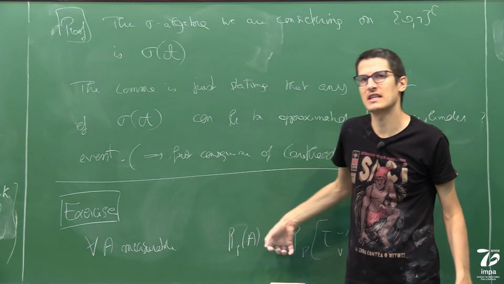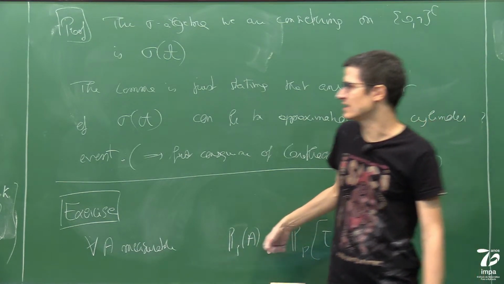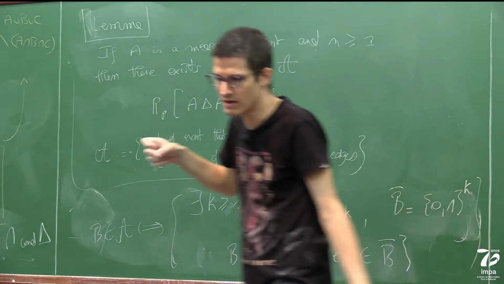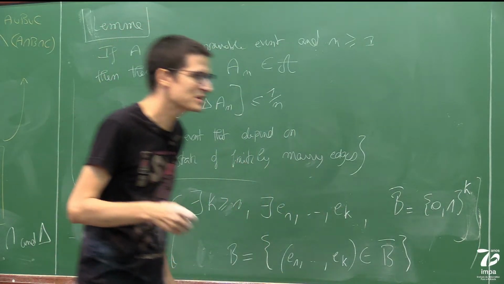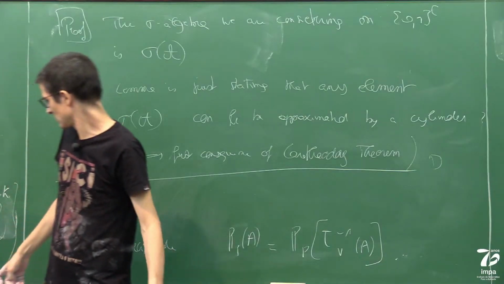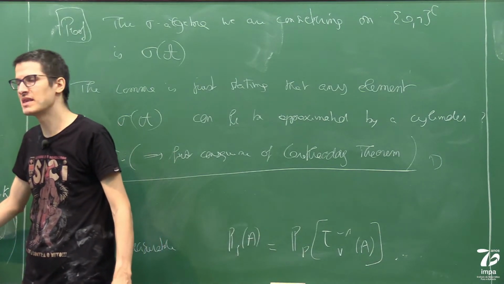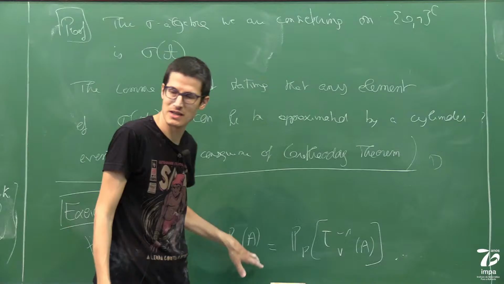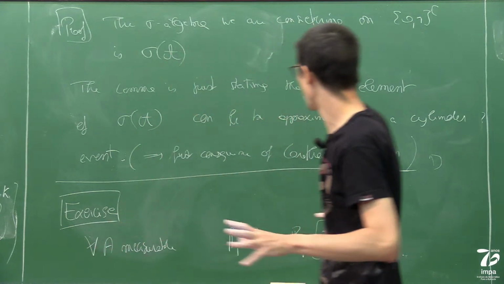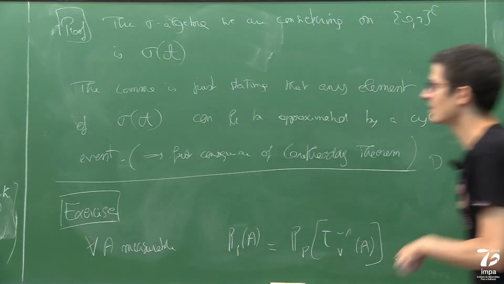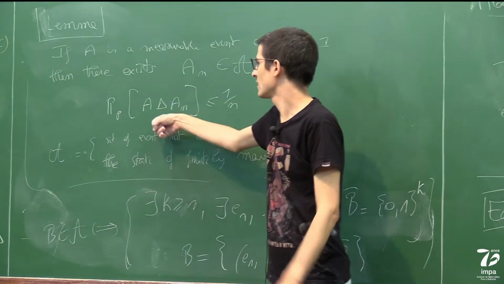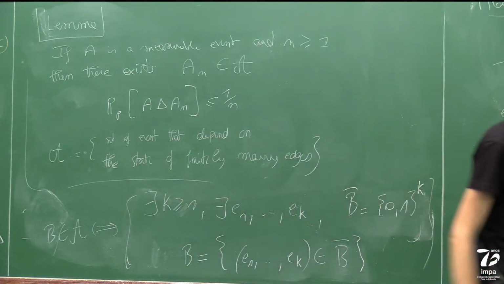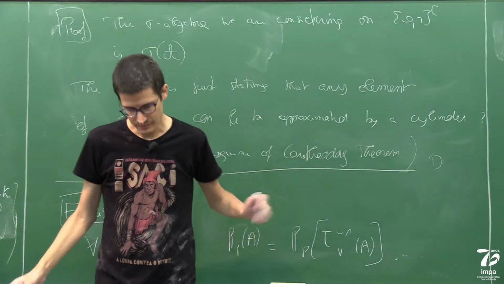So first check that this is true for events in A. For events in A, you have an explicit expression for the probability. It's just the sum over B bar of a product of P's and 1 minus P, and the expression is the same there and there. So first check this for cylinder events, then use this in a smart way, because you have to use this simultaneously for this and this, and then conclude.